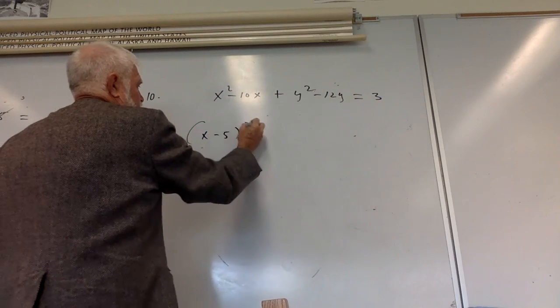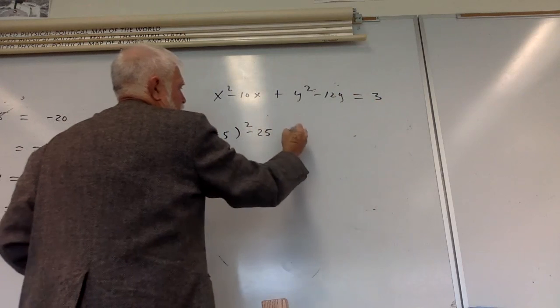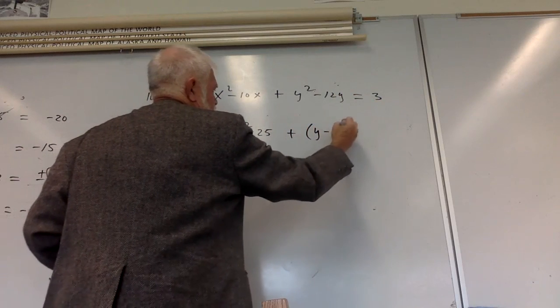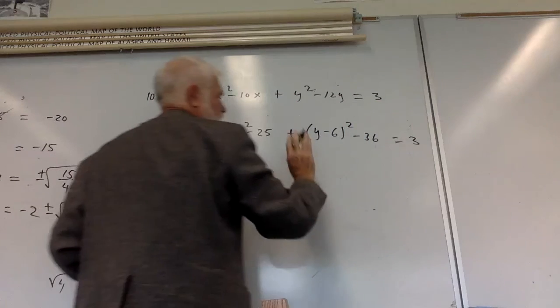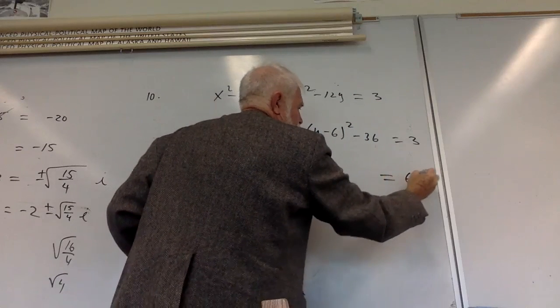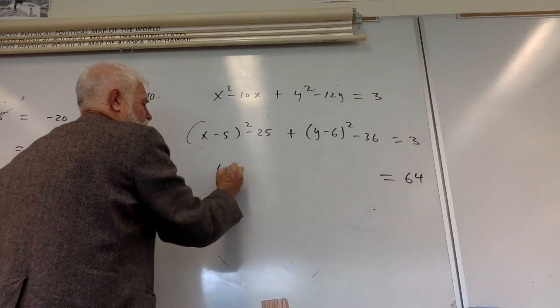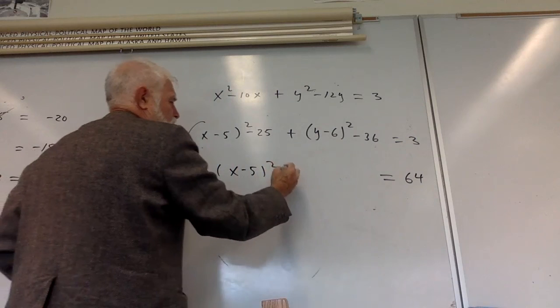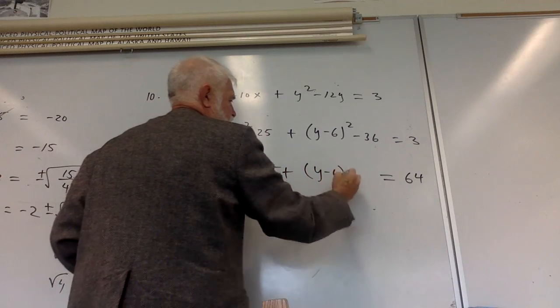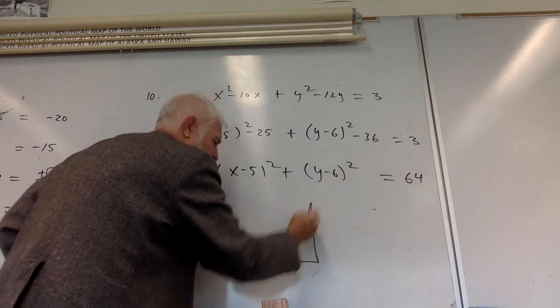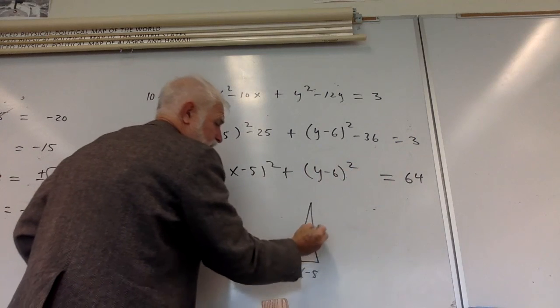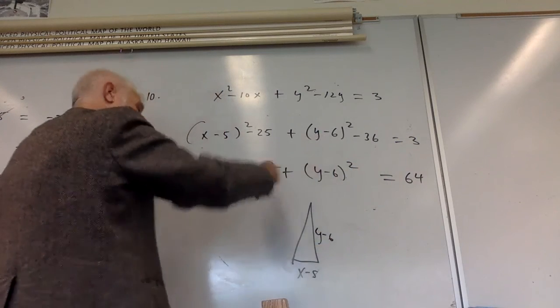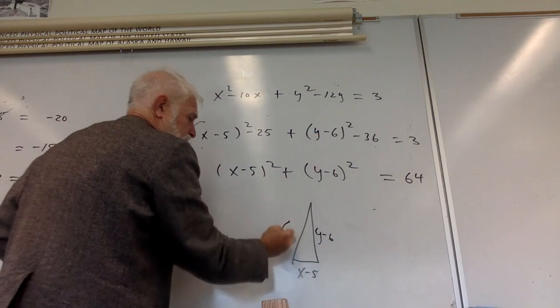X minus 5 squared minus 25 plus y minus 6 squared minus 36 equals 3. If I correctly added, I'm hoping that's 64. So I got x minus 5 squared, Mr. Pythagoras, y minus 6 squared, which means I'm creating a triangle. X minus 5 is the side of that. Y minus 6, you're looking at the area statements, and this is 8, right?